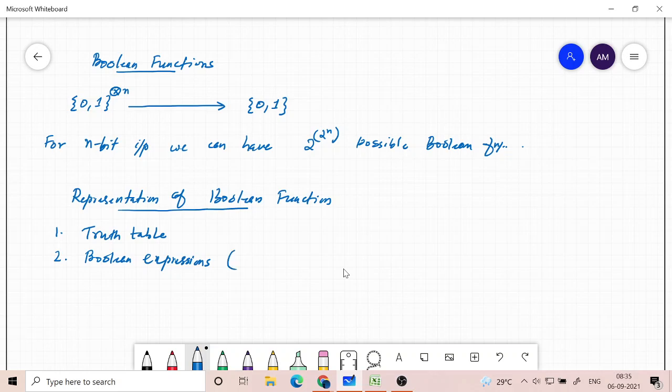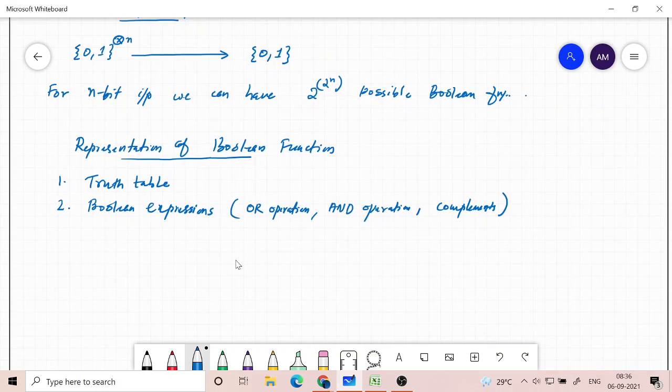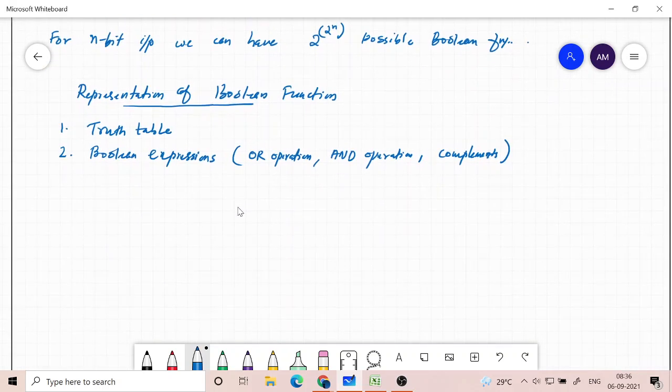So a Boolean expression in general will contain the OR operation, which is binary, the AND operation, another binary operation denoted by dot, and then complements. Now Boolean expressions, for a given function, can be written in multiple ways. That is what we would like to look at today.